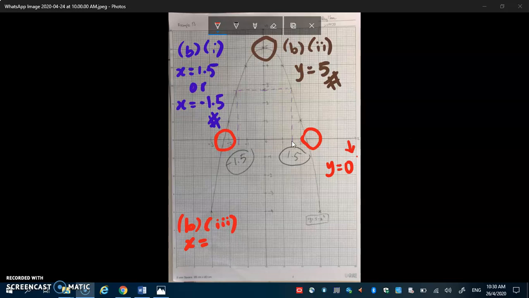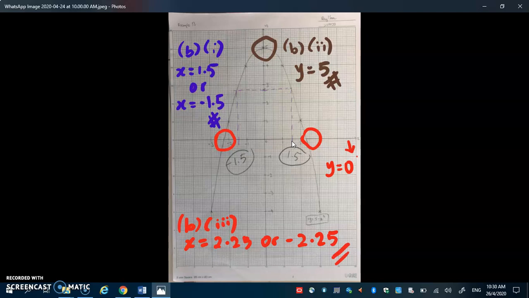So over here it will be 2.25, over here it will be negative 2.25, since it's between 2.2 and 2.3. So you write down x equals 2.25 or negative 2.25. This is where the equation equals 0, where 5 minus x squared equals 0. These are the 2 points, basically the two x-intercepts.